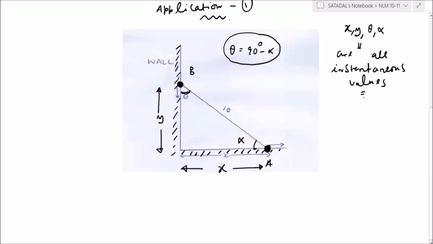That means they can change. So whatever constraint relation we will write, those will be valid for an instant. So I will write one more point here, that all the constraint relations are instantaneous. All right. Fine.